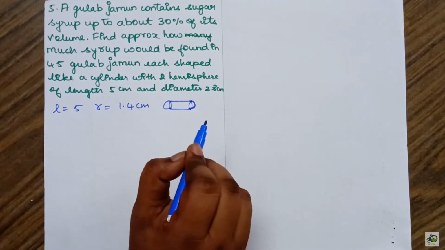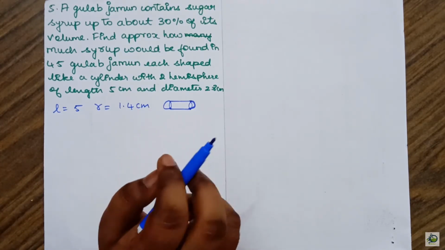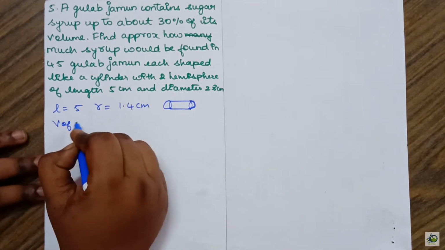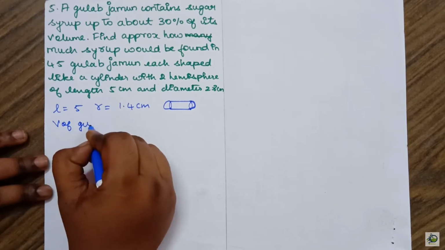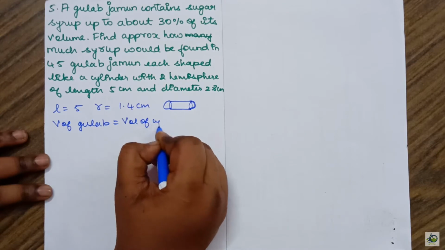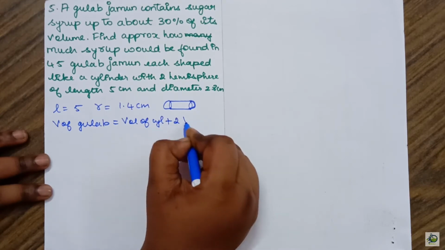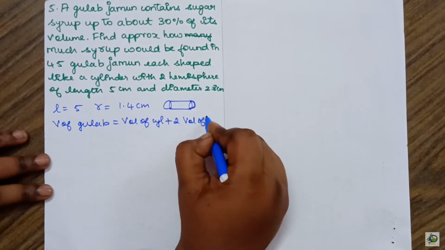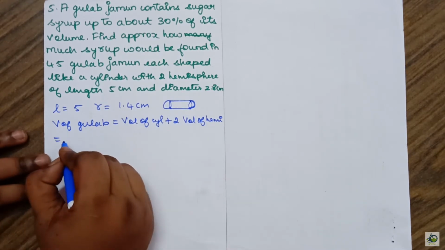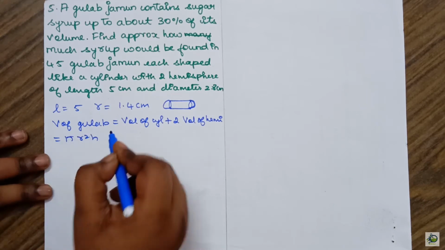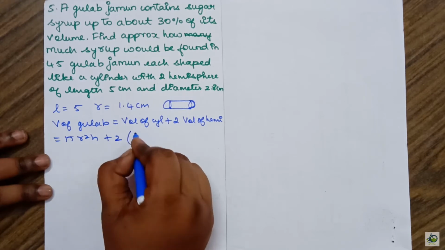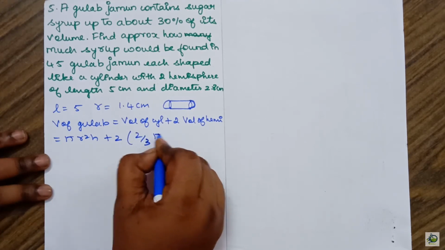So now what we are going to find is first the volume of the Gulab Jamun. So volume of Gulab Jamun is equal to volume of cylinder plus 2 times volume of hemisphere. So volume of cylinder is pi r square h plus 2 into volume of hemisphere, which is 2 by 3 pi r cube.